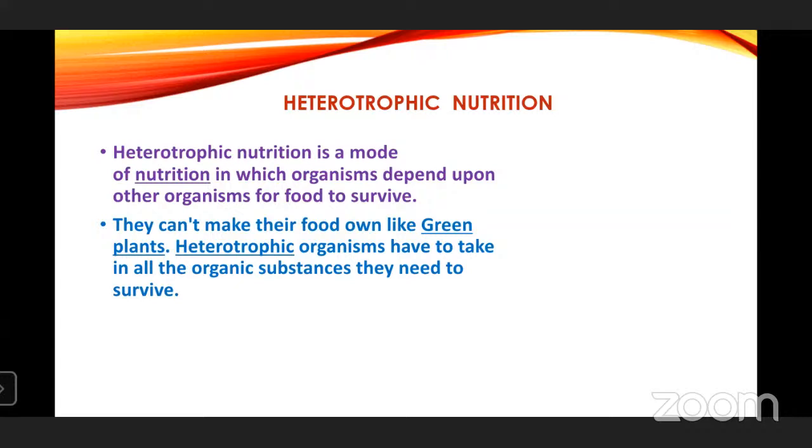Plants are also known as producers, because they prepare their own food through photosynthesis and give it to other living organisms. Those are heterotrophic living organisms, also known as consumers.